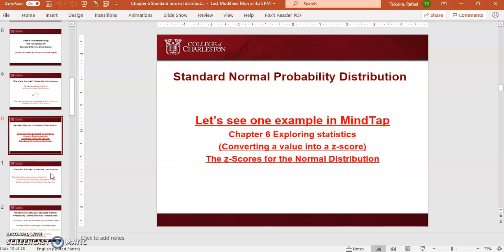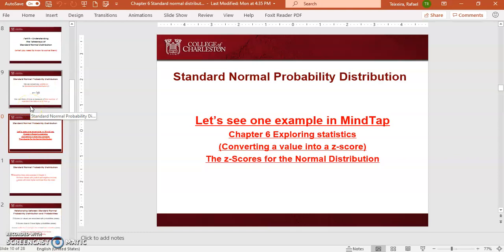Okay, so this is what we do. We turn regular variables into z-scores, and if we plot them, we have the standard normal probability distribution.